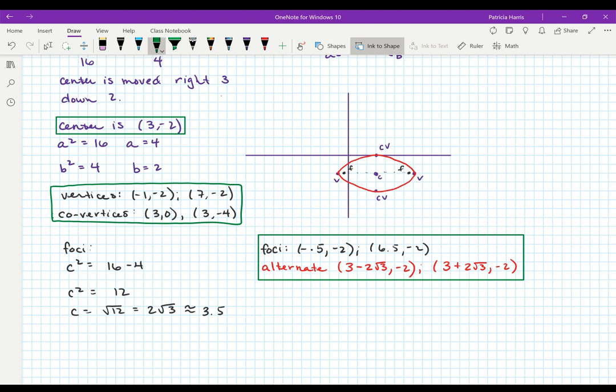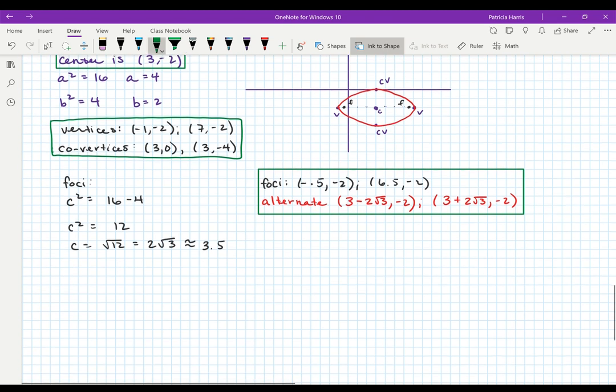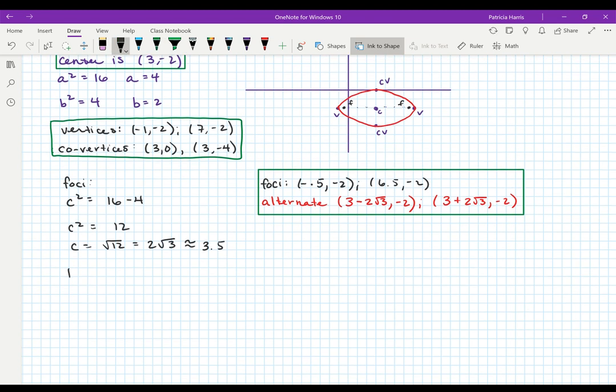Okay? So now we're going to go for directrices. And I always forget the formula for directrices. Okay, so a squared over c. So we're going to go 16 divided by 3.5.